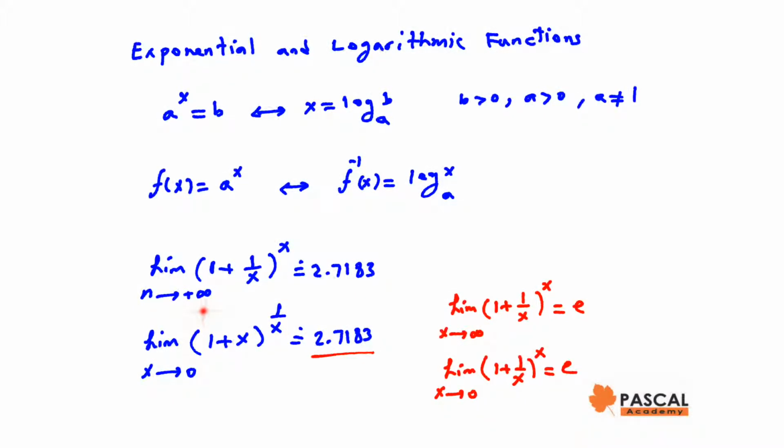Limit of 1 plus 1 over x to the power of x as x approaches infinity, which is the same as limit of 1 plus x to the power of 1 over x as x approaches 0, is approximately 2.7183. This can be shown by a table of values.